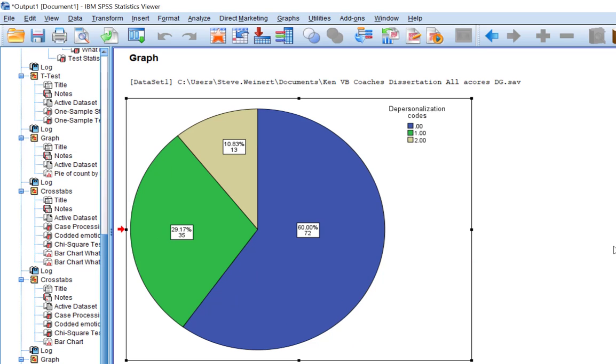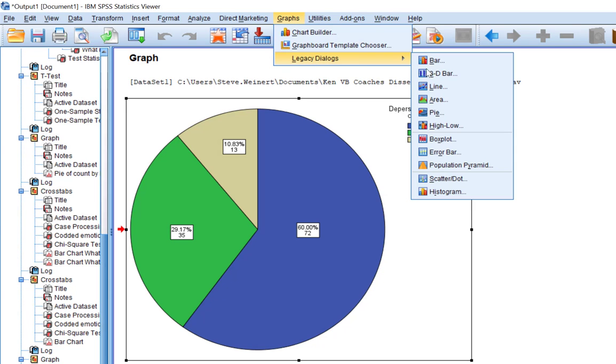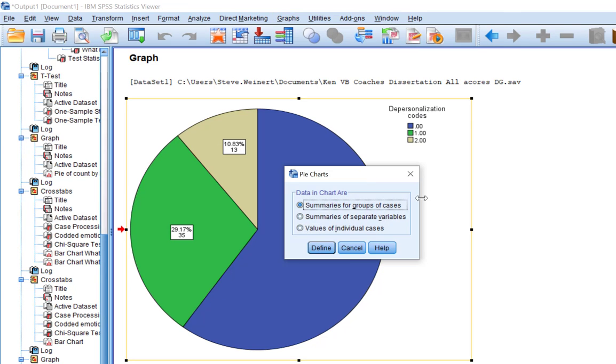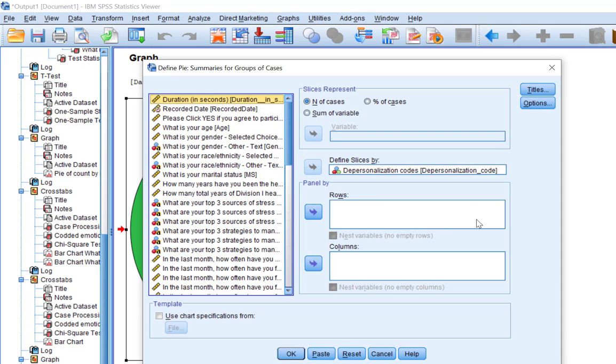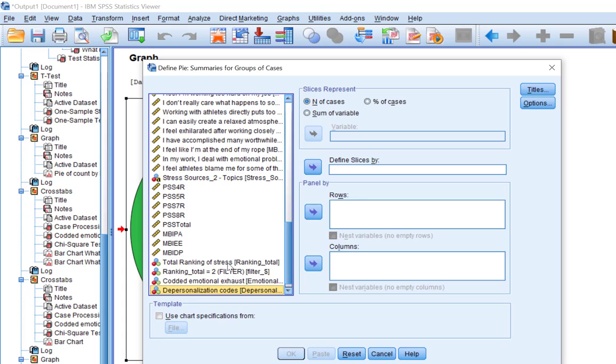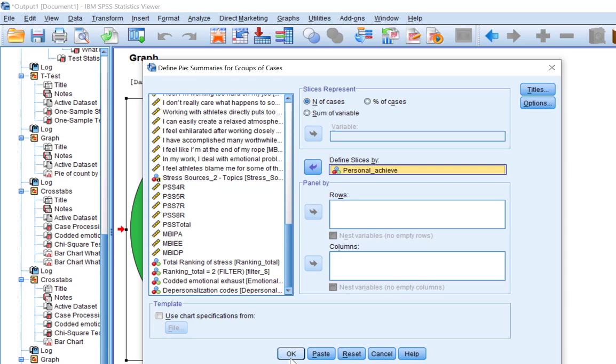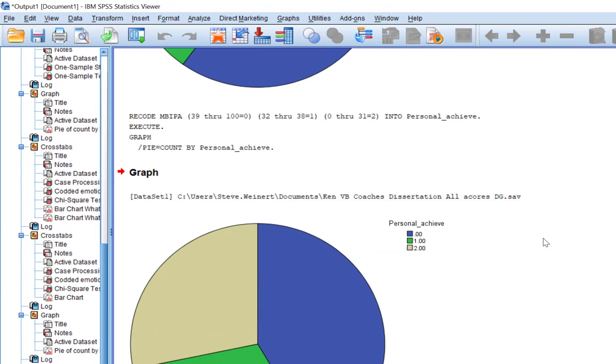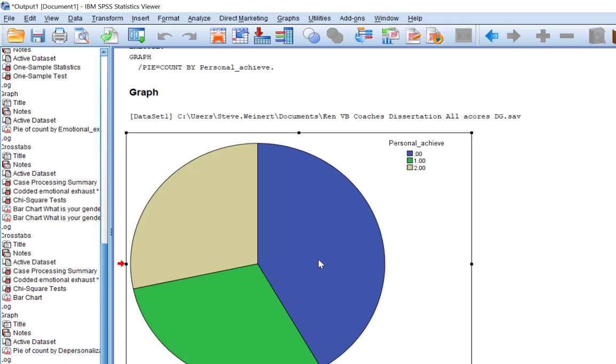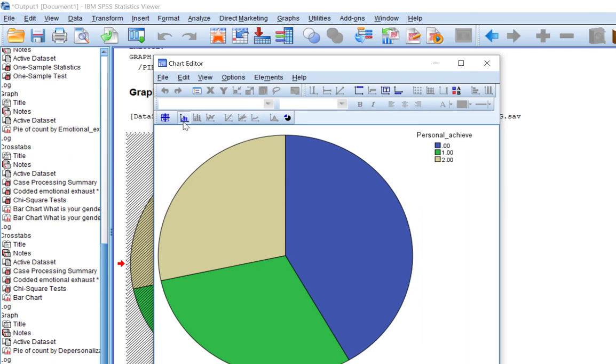If they were listening to the recording, I'll do it again. So what we should see is personal accomplishment going against the others. Yeah, so high scores on EE and DP subscales and a low score on the PA subscale represent a high level of burnout.